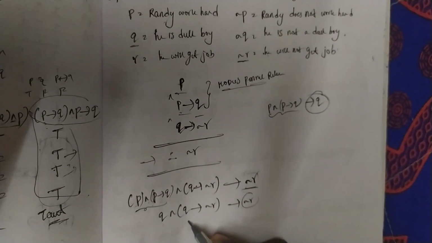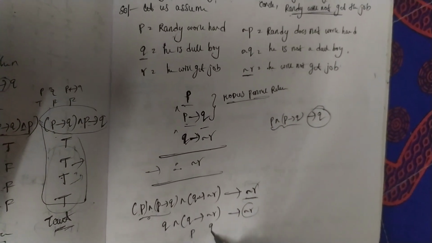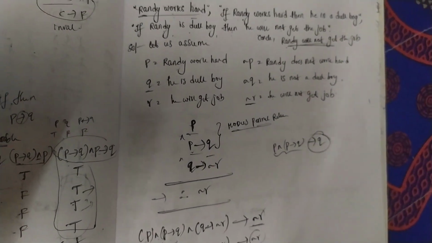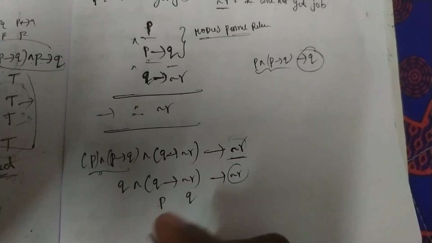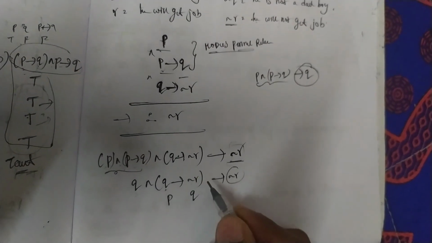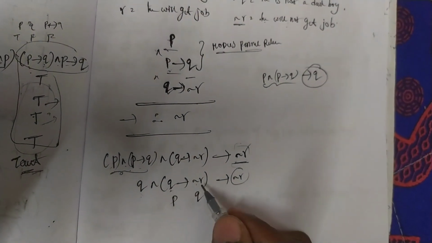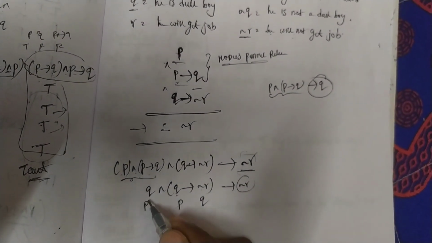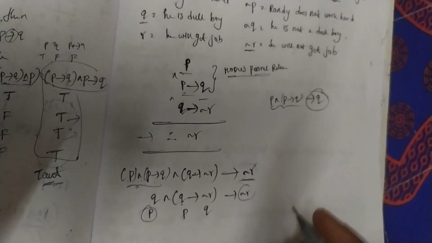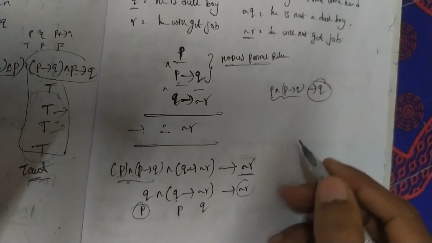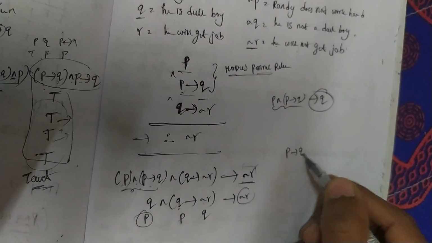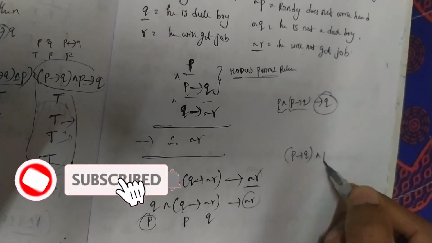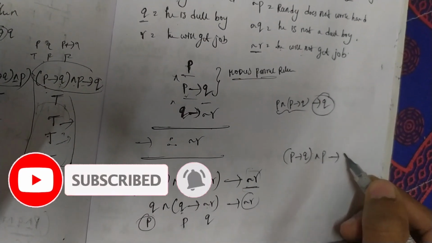Let us take it as P and this as Q. Assume it is P and it is Q, and take it also as P. By the modus ponens rule, we know that P implies Q and P gives Q.